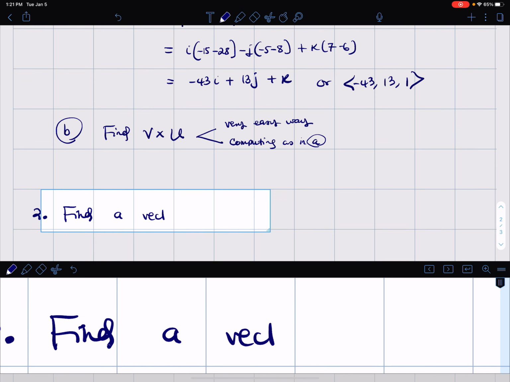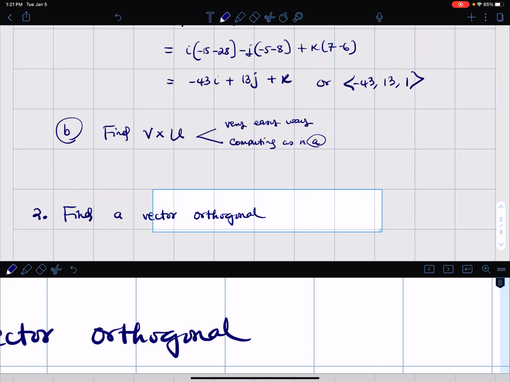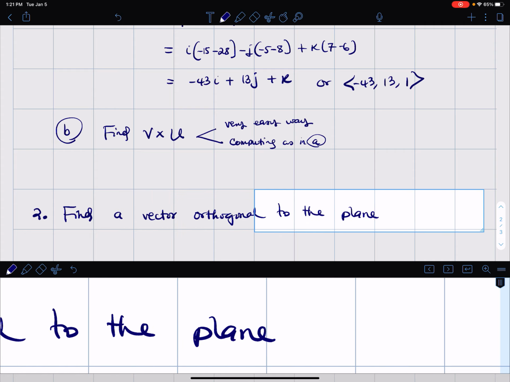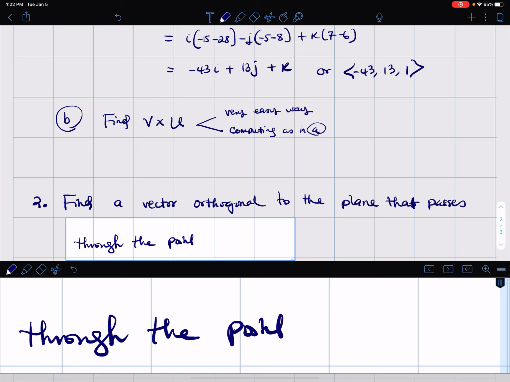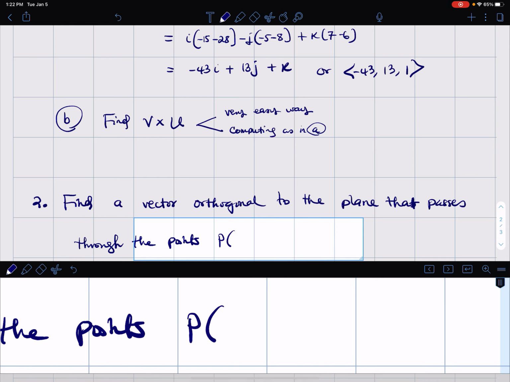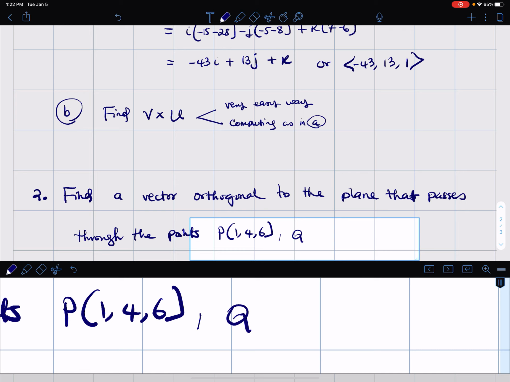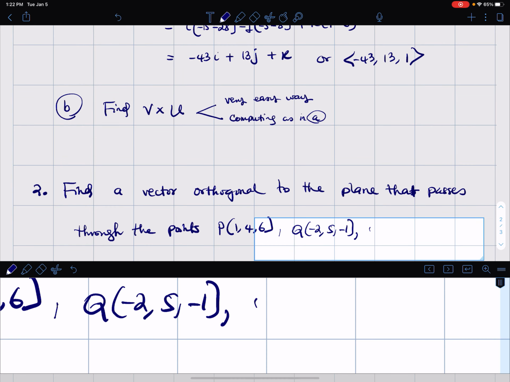Find a vector orthogonal to the plane that passes through the points P (1, 4, 6), Q (negative 2, 5, negative 1), and R (1, negative 1, 1).